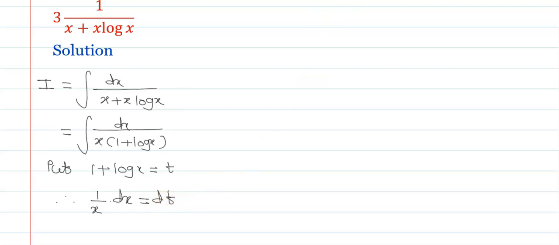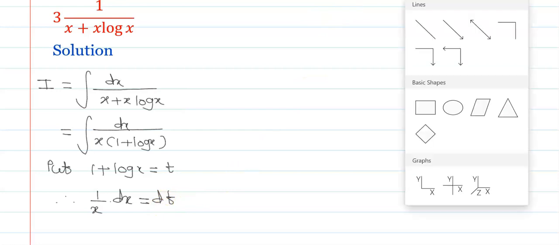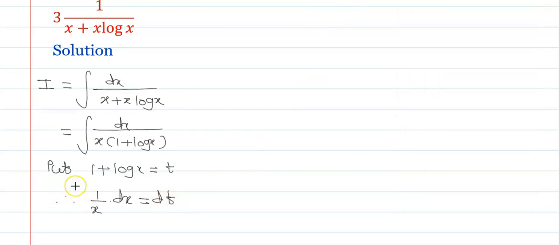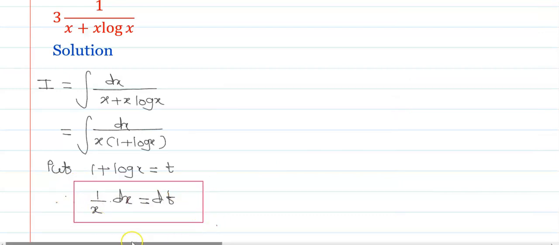This is important: 1 upon x dx is equal to dt, that is dx upon x is dt.